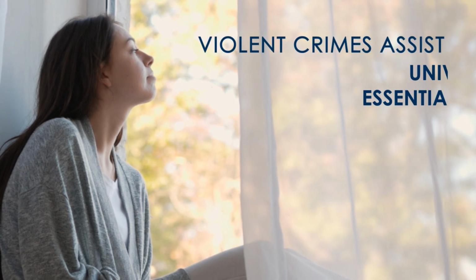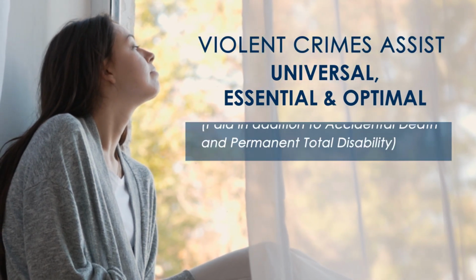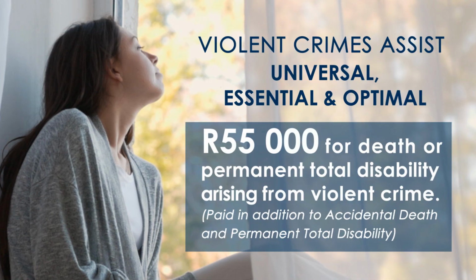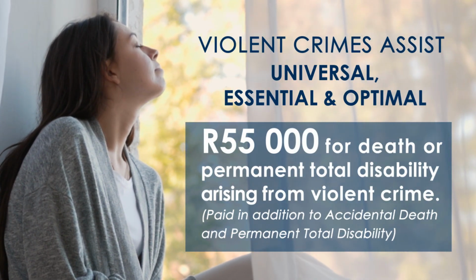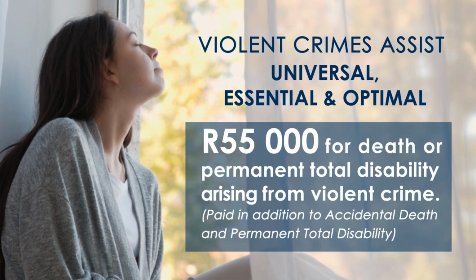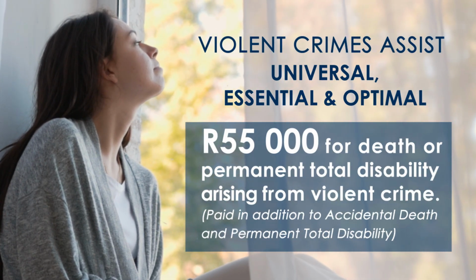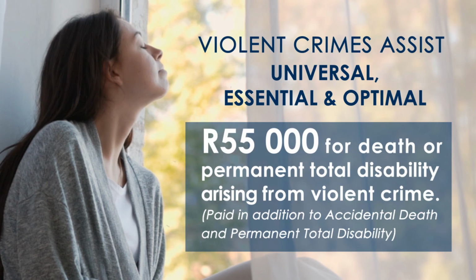The Violent Crimes Assist benefit is paid in addition to the accidental death and disability cover and provides a once-off payment of R55,000 for death or permanent total disability arising from violent crime.